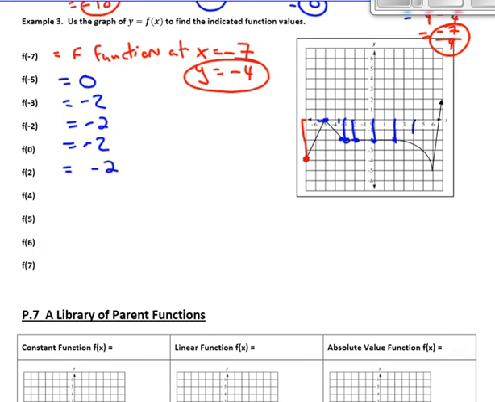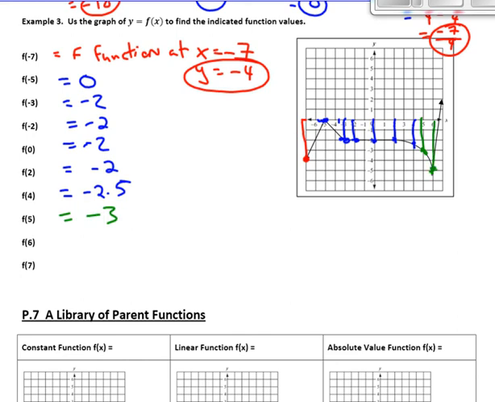F of 4. Nice little change of pace. We're estimating on this one, it's going to be roughly negative 2.5. We don't have the function to be able to plug that in, and so we're estimating on that last one. F of 5, we're going to follow that down. It's down here at negative 3. F of 6, follow that down.